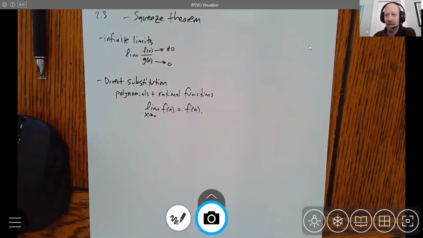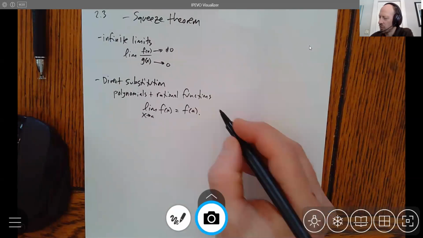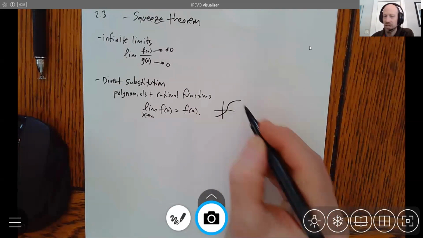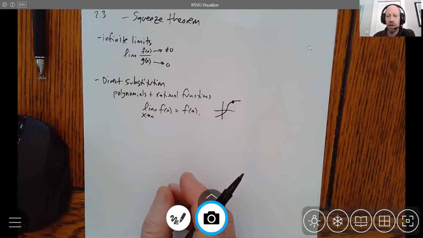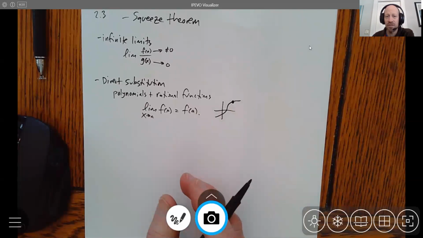And I've said a number of times that's not necessarily true, right? But for certain types of functions, and it turns out actually quite a few functions, that is true. The limit is equal to the function value. And that's really when we have a situation where the function is just a nice function like that. The function value and the limit are both going to be the same in that case.